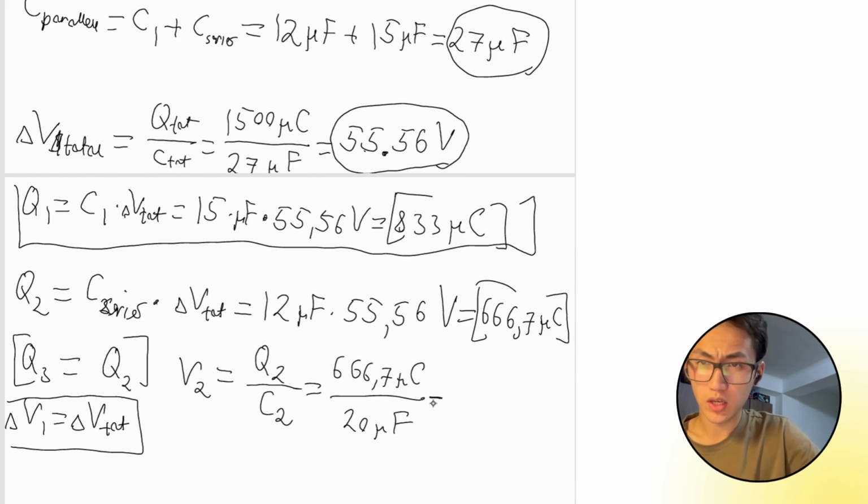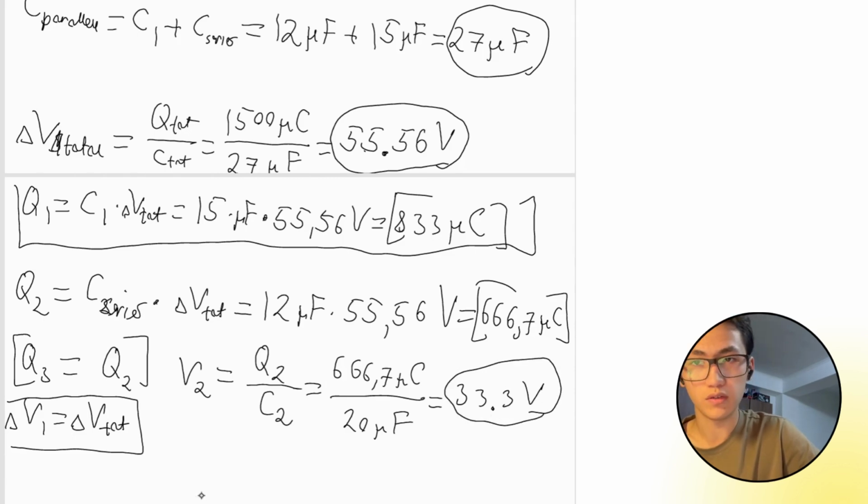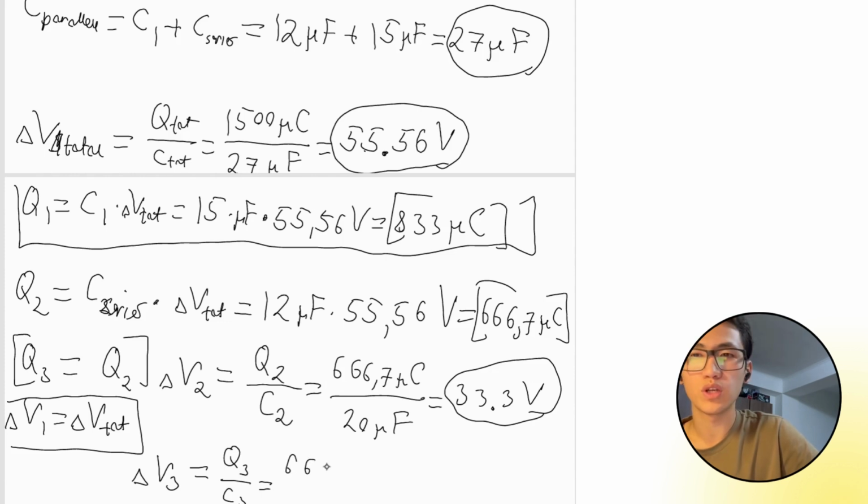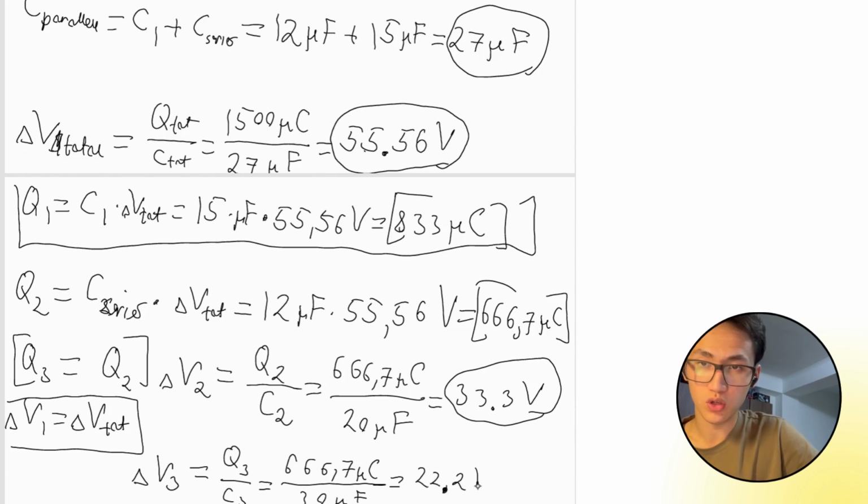After conducting the calculation, the result will be 33.3 volts. It's our answer. This is the same formulation for V3: Q3 over C3, where Q3 is the same as Q2, and C3 is 30 microfarad. The result is 22.2 volts.